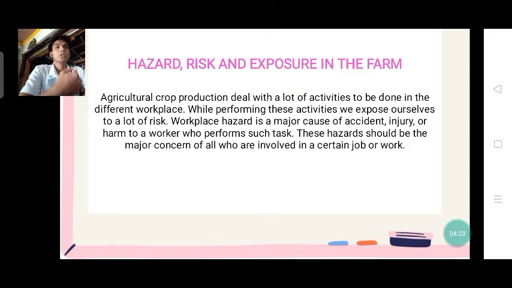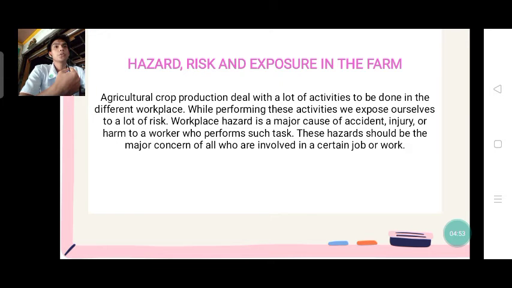So, agricultural crop production deals with a lot of activities to be done in different workplaces. While performing these activities, we expose ourselves to a lot of risk. Workplace hazard is a major cause of accident, injury, or harm to the worker who performs such tasks.